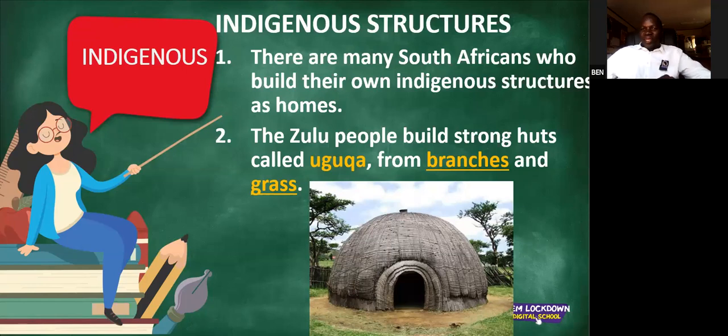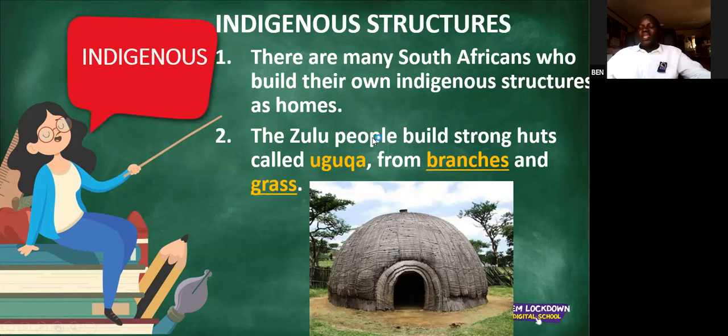So these dome structures were able to make the house stand during the storm, during the wind, during the rainy season. As you can see, when the rain falls on top of the house, it will just fall down on its own. So this type of house does not need a roof. It is a wall and a roof on its own.